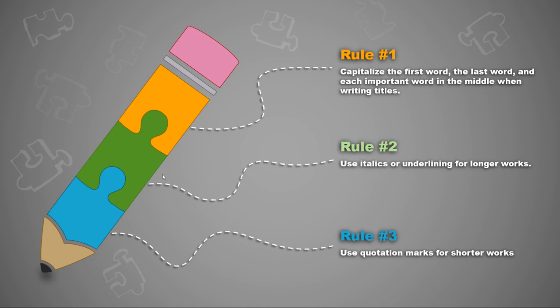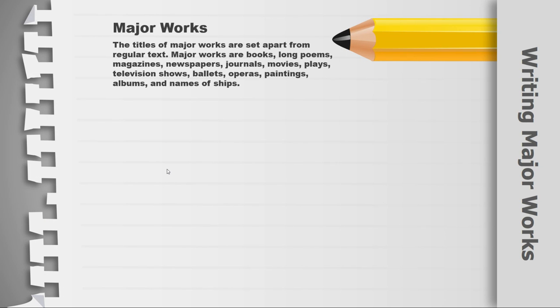Now let's take a look at the difference between major works and shorter works. The titles of major works are set apart from regular text. Major works are things such as books, long poems, magazines, newspapers, journals, movies, plays, television shows, ballets, operas, paintings, albums, and names of ships are even considered to be major works.